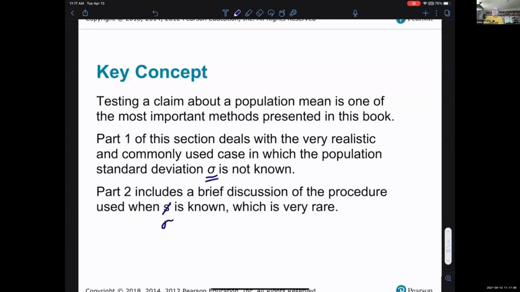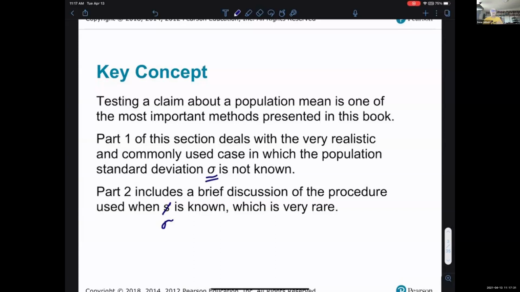So we talked about this a little bit already in chapter 7. We talked about creating a confidence interval, and we talked about the difference between using a normal distribution and using a student t distribution. And that's the key.